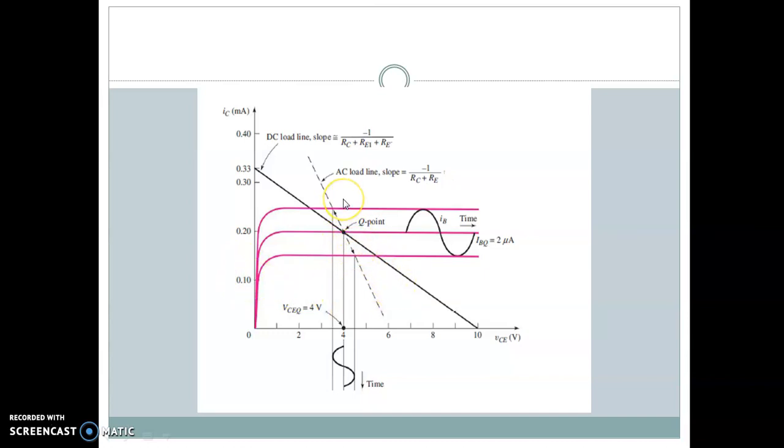Now my VCE, from the equation in the previous slide, is equal to minus IC times RC plus RE. The collector current can now swing at maximum from 0.3 to 0.1. The difference is 0.2 milliamps, times RC plus RE. That will be your voltage swing. Thank you all.